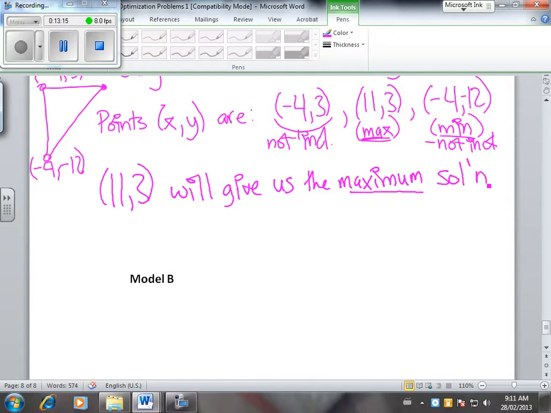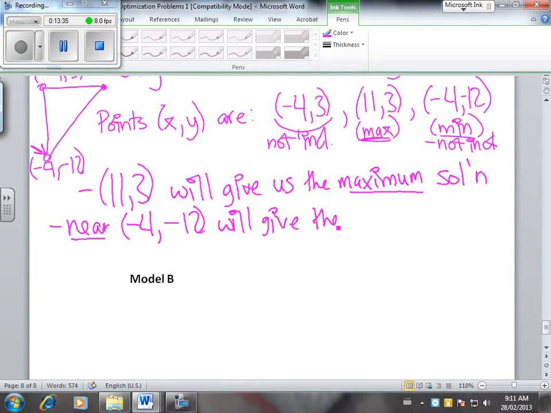However, the minimum right here is not included. So this is where we'd have to say near -4, -12 will give the minimum solution.